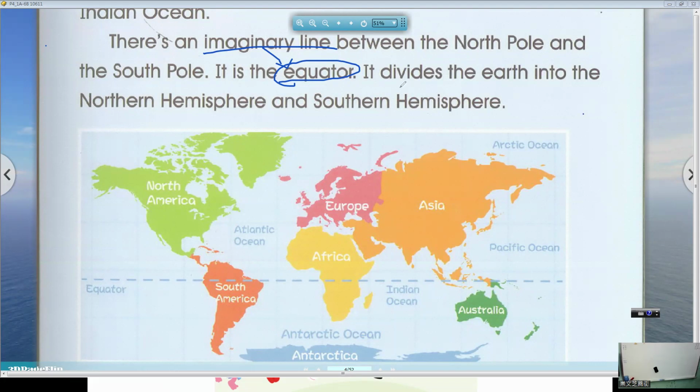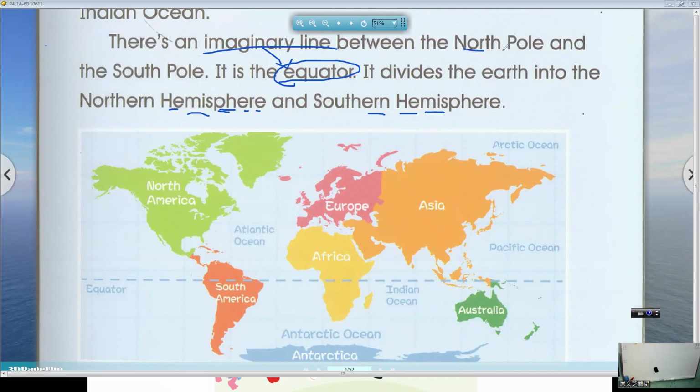This divides the earth into the Northern Hemisphere and Southern Hemisphere. The first E makes a sound E. Hemisphere. Very good.